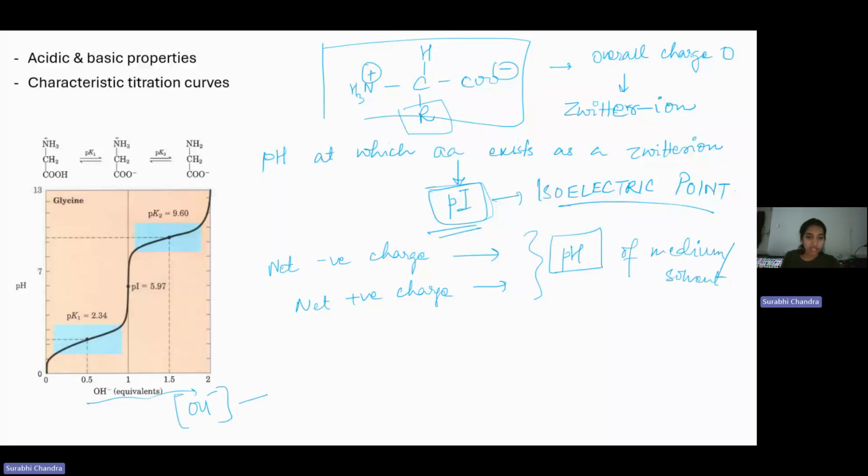Within this curve we see different kinds of behaviors. There are inflection points and plateau regions, showing different behaviors of each amino acid depending on the pH of the solution.